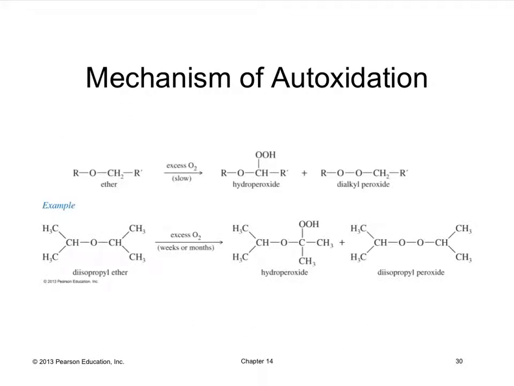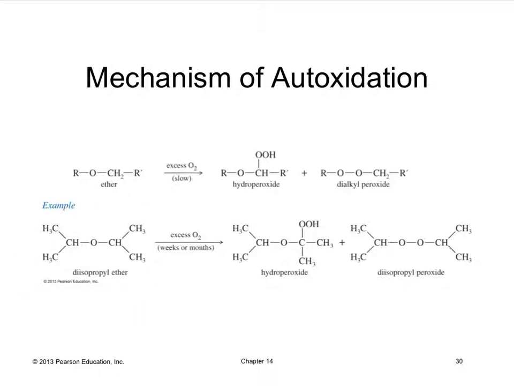In terms of the mechanism of auto-oxidation, you have your ether in the presence of excess oxygen. You'll form the hydroperoxide, where essentially on this methylene group you actually add the OH, or in the presence of the ether you insert another oxygen to form the dialkyl peroxide.